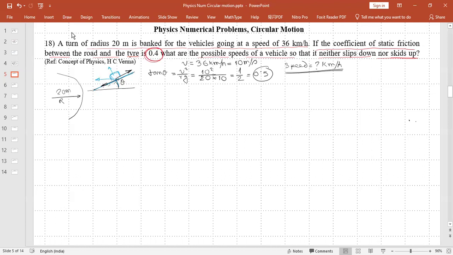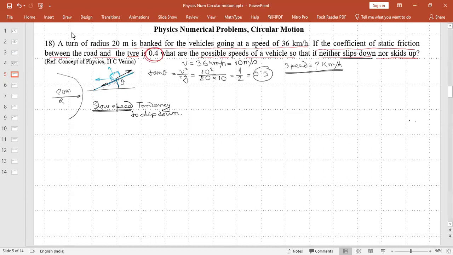Anyway, that was the story part. Now let's come to the actual part. Now, let us say you are driving too slow so that it slips down. We are considering the slow speed phenomenon, where there is a tendency to slip downward.